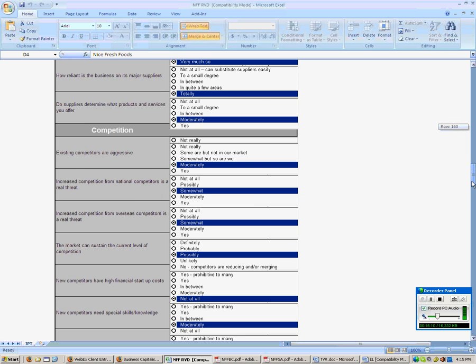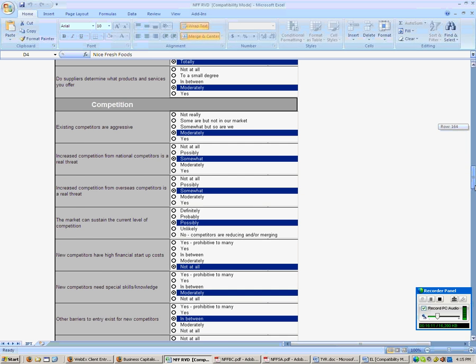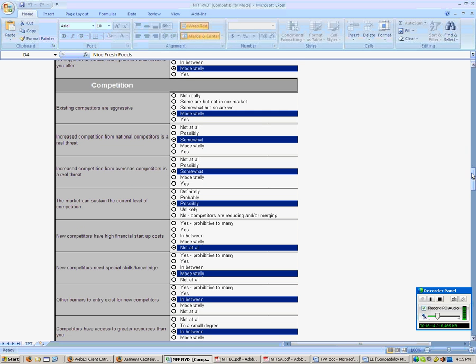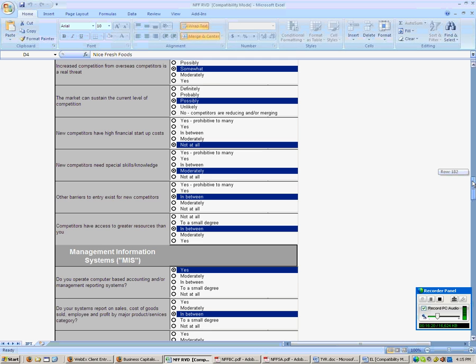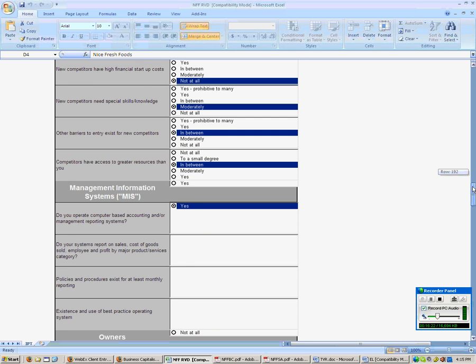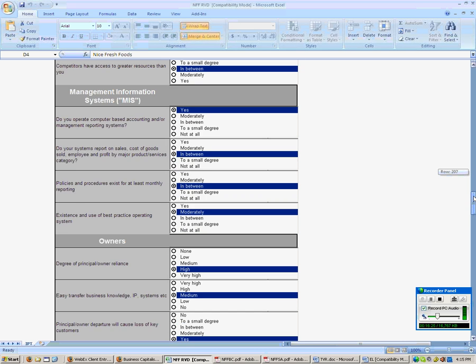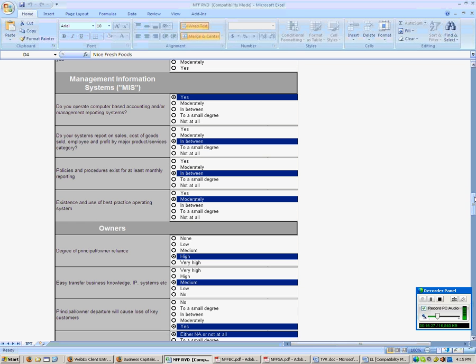And as you can see, the assessment grades a range of qualitative value drivers, and it measures the impact on value of these key value drivers. For example, it looks at business systemization. Does it have procedures and policies in place?